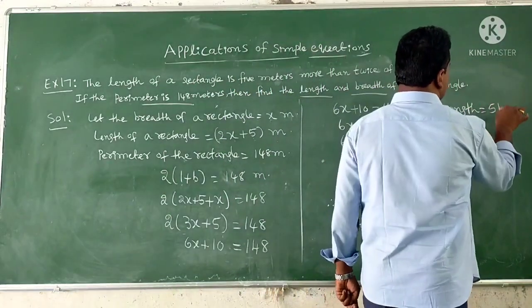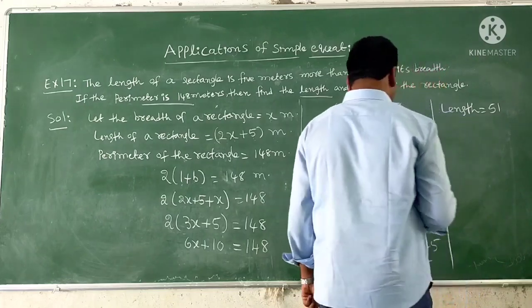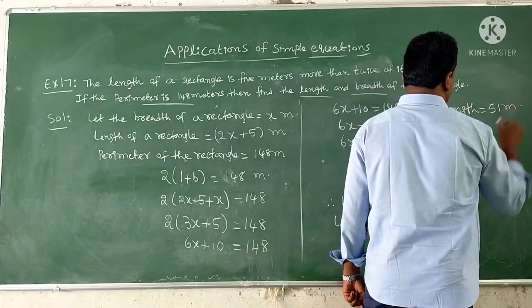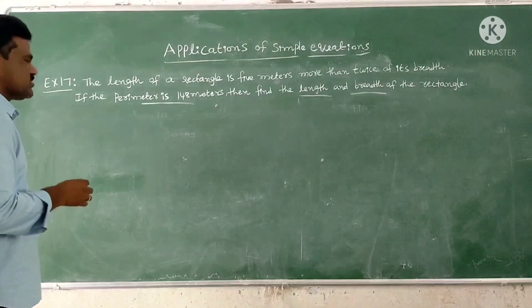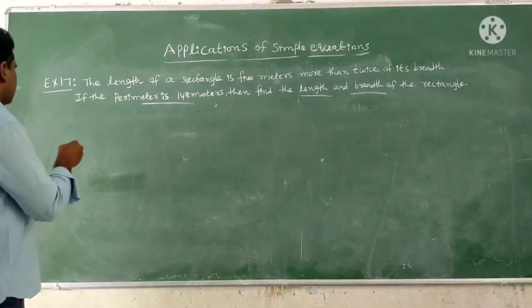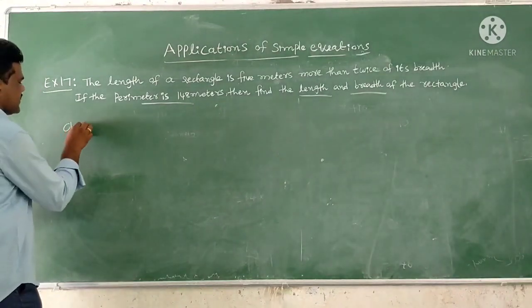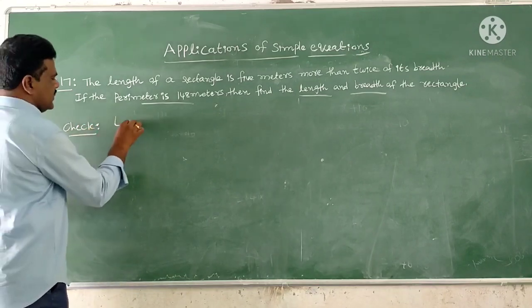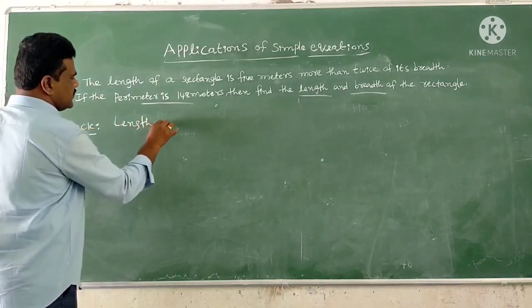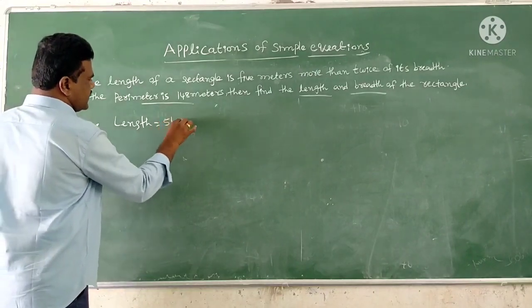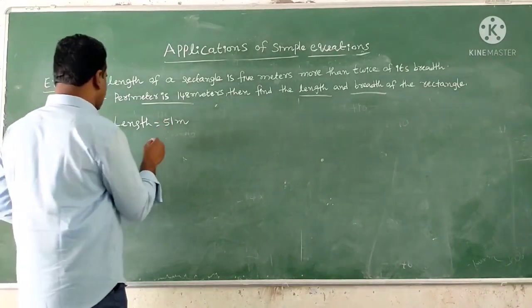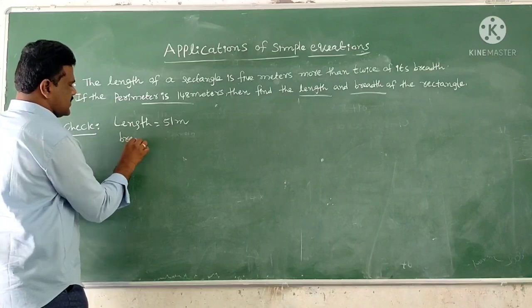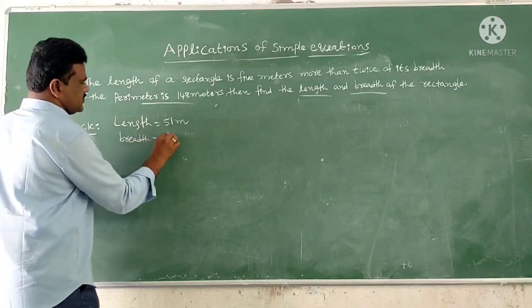So length is equal to 51 meters. Therefore, next we have to check. Length is equal to 51 meters, breadth is equal to 23 meters.